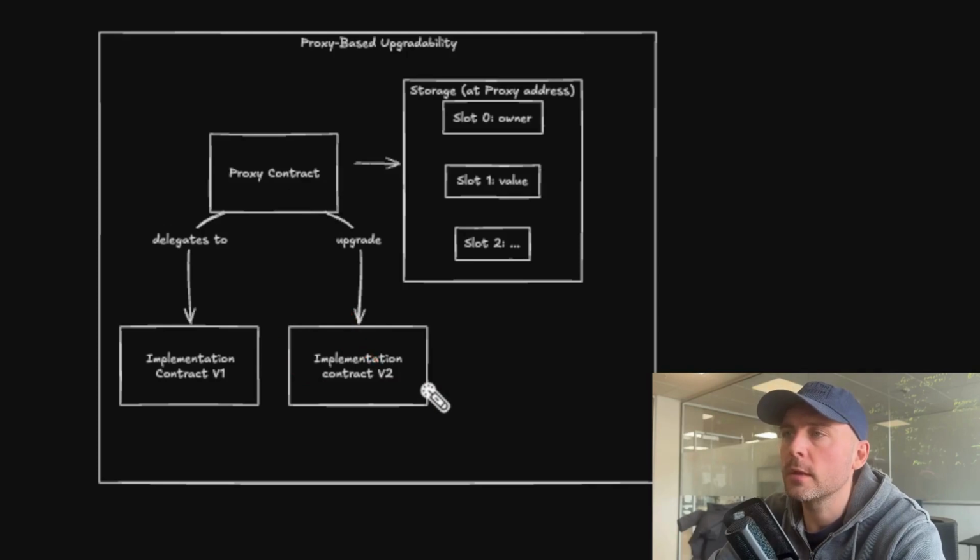And then all delegate calls go to the new implementation. Critical is obviously that this storage layer resides within the proxy contract and not the implementation, which means that the implementation must be compatible with the existing storage layout. So implementation v2 storage layout would have to be compatible with the prior implementation layout of implementation contract v1 here.